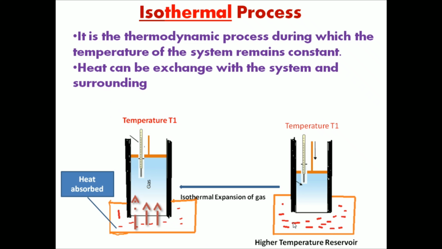So heat can be exchanged between the system and surroundings. In an isothermal process, delta T is 0. There is no temperature change, so the internal energy change, delta E, is also 0. But Q is not equal to 0. Means there is absorption and evolution of heat to keep the temperature constant.